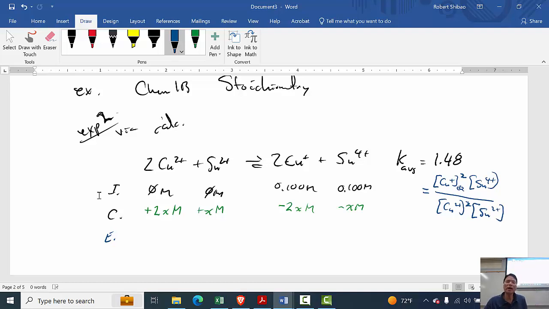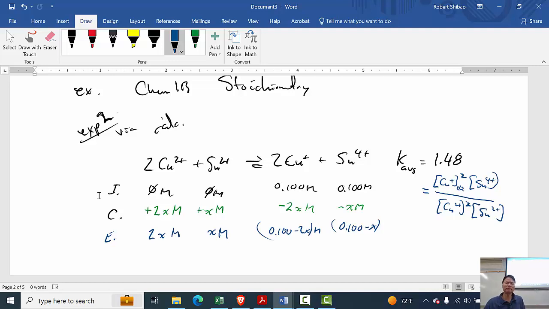And so I know that at equilibrium, that is, once this reaction has run its course, the equilibrium concentration of the Cu2+ will be 0 plus 2x, which gives me 2x, and for Sn2+ it's going to be 0 plus x, that's just going to give me x molar. Over here for the Cu+ concentration, I started off with 0.100 and now I'm going to lose 2x. I don't know what x is, that's what we have to figure out. And over here I'm going to have 0.100 minus x.